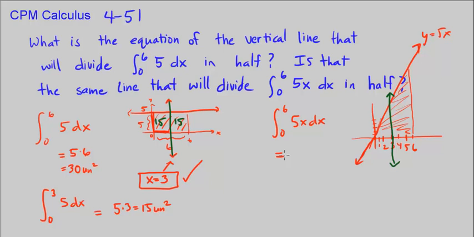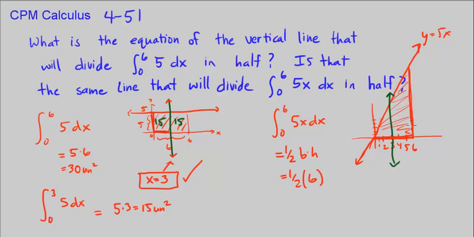So this is equal to the area under the curve, and this area is a triangle, so it's equal to 1/2 base times height. The base of the triangle is 0 to 6, so 6 units.